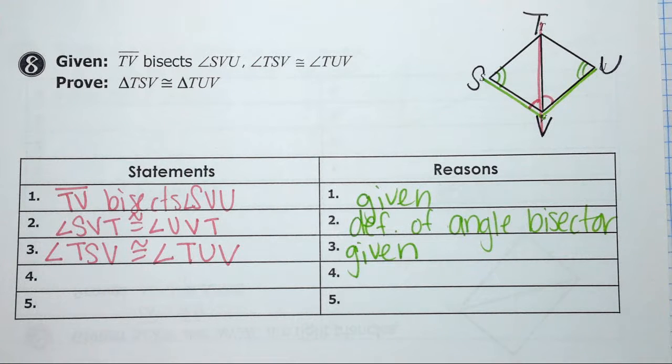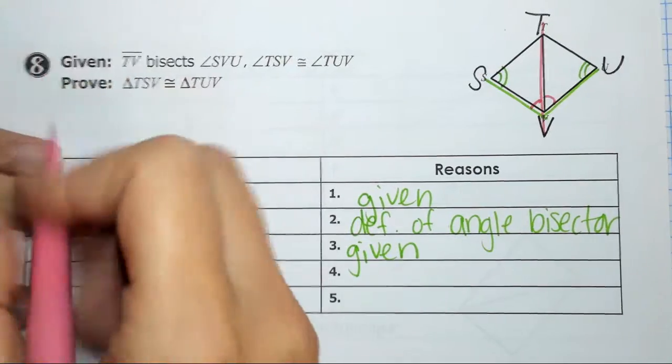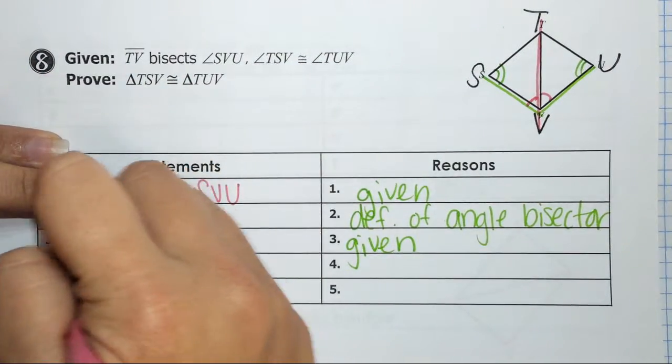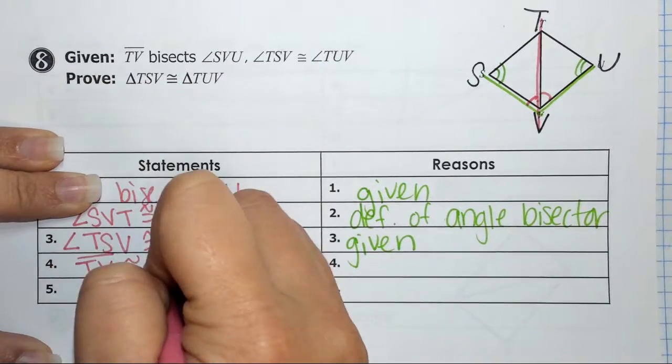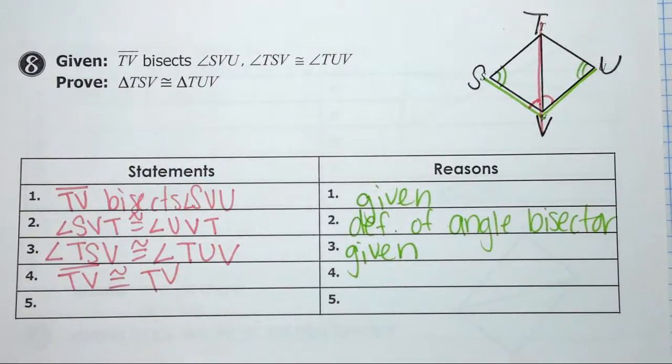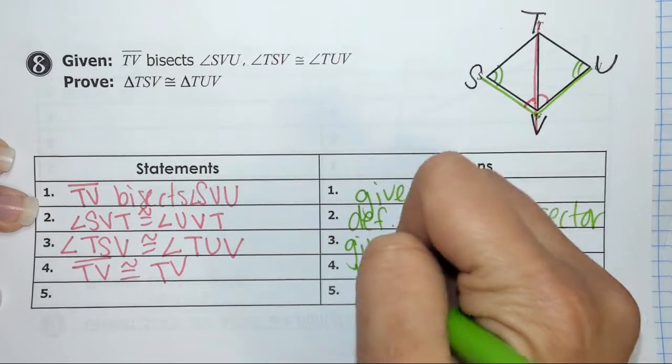Fantastic. Now, do they have anything else in common? TV. They share a side. So we would say that TV, so we went from none to 1, is congruent to what? TV. And what property is that? Reflexive.